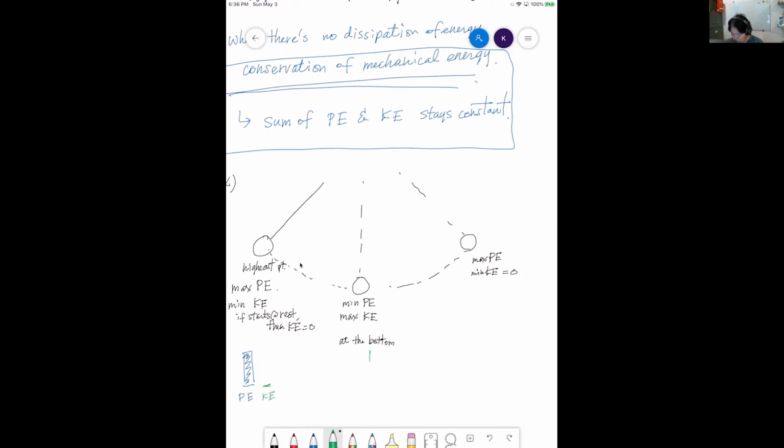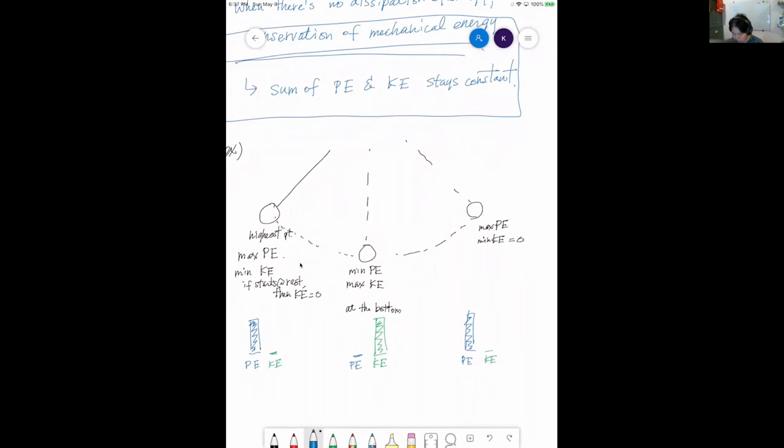But when it's at the bottom, I use up all the potential energy and convert it into kinetic energy, so the potential energy becomes 0. And over here, again, I lose all the kinetic energy. Somewhere in the middle, I could have some potential energy and the leftover kinetic energy.